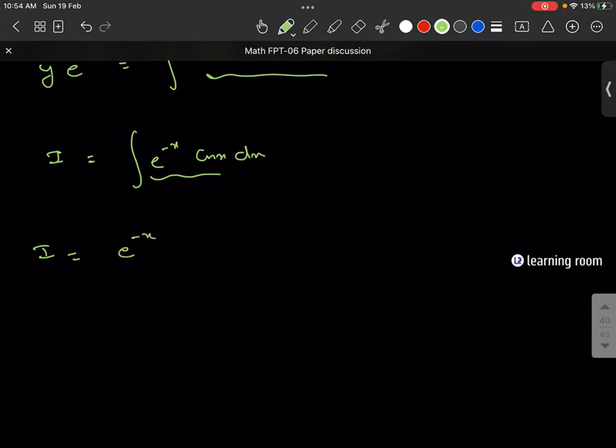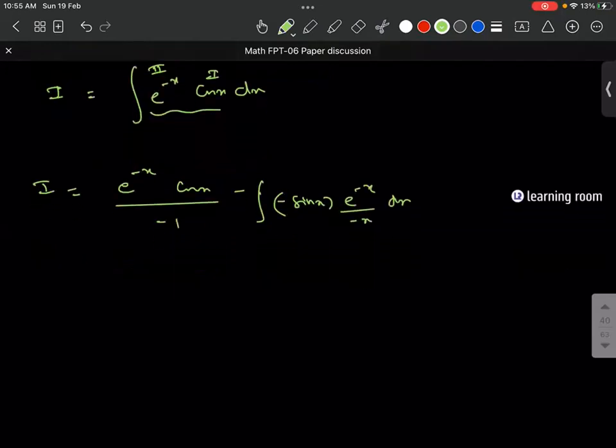So it will be e power minus x into cos x minus integral of the derivative of, so see this first function, this second function. First function into integral of second function minus integral of derivative of first function into integral of second function dx. So I is equal to minus e power minus x cos x. So plus, not plus, minus 1.